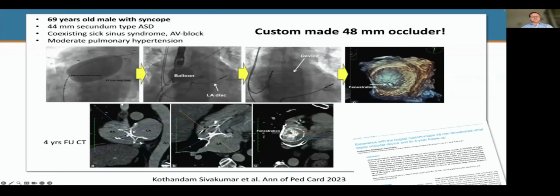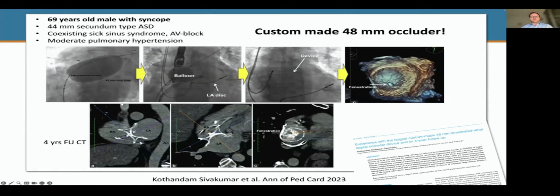In the last 10 years, there has been a huge development of new occluders, and some companies even offer custom-made large devices for problematic cases. I saw companies that, for example, use CT images to print out a 3D model of the heart and then model an occluder specially custom-made for the particular patient.